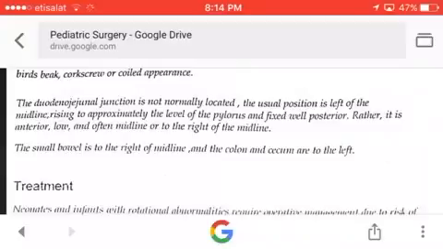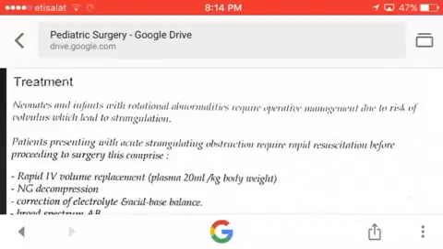The treatment: neonates and infants with rotational abnormalities require operative management due to the risk of volvulus, which can lead to strangulation.